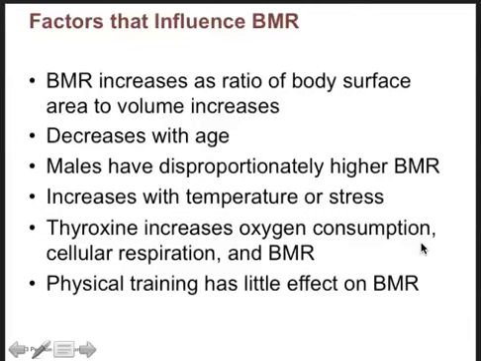Although, again, the more muscle tissue you accumulate as a percentage of your body mass, the higher your basal metabolic rate is going to go, because muscle has a higher basal metabolic rate than fat does. So there's going to be an effect as a result of exercise.